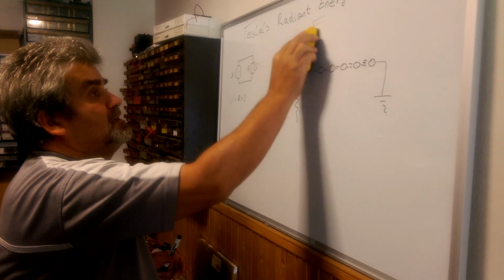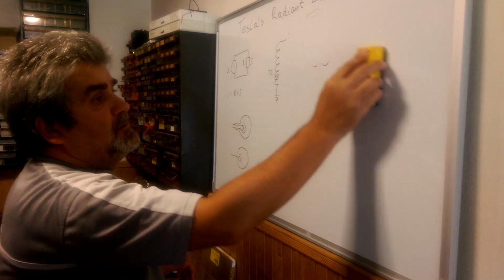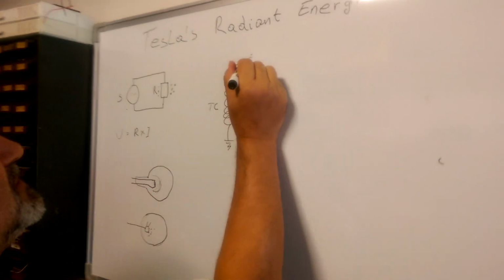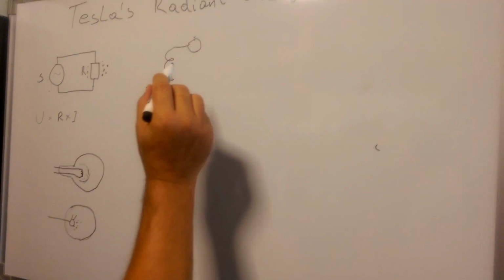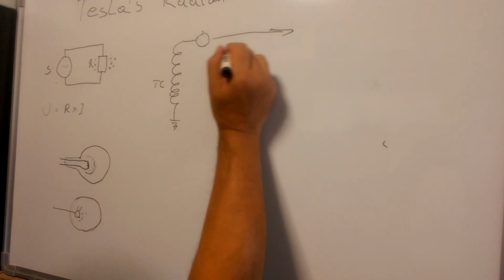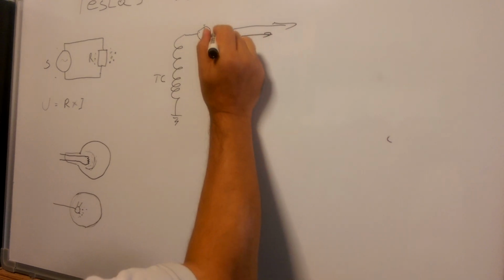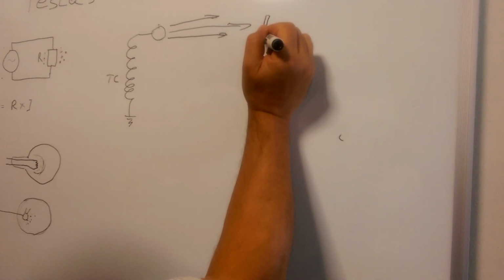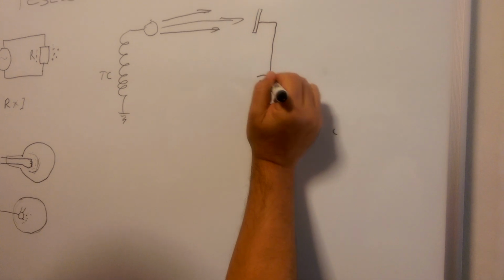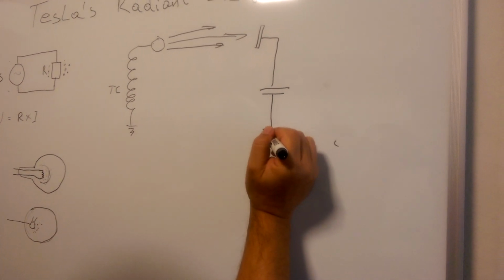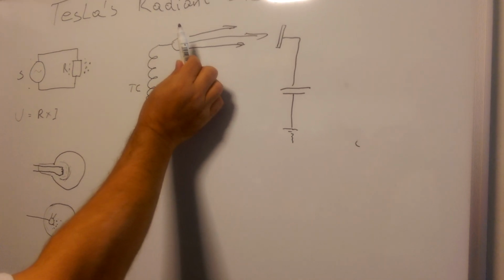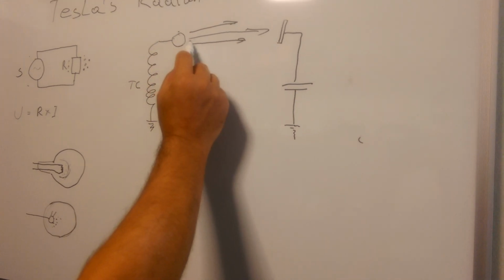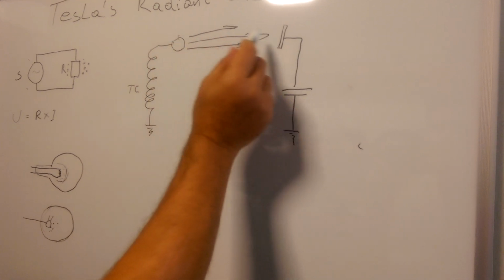To prove that, I used a spherical ball which radiates, and I put a plate connected to a capacitor and back to the ground, at a distance where there was a visible arc from the terminal to this plate.